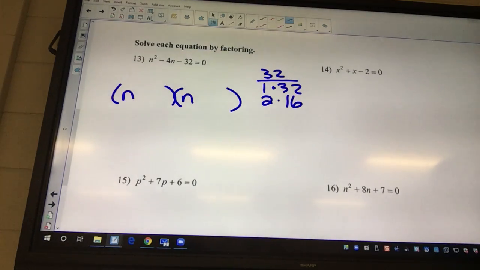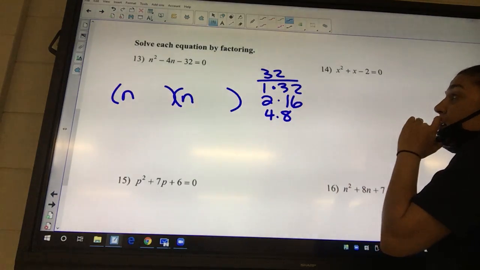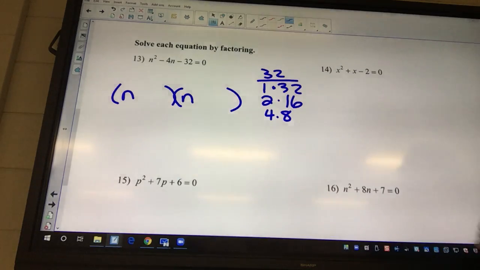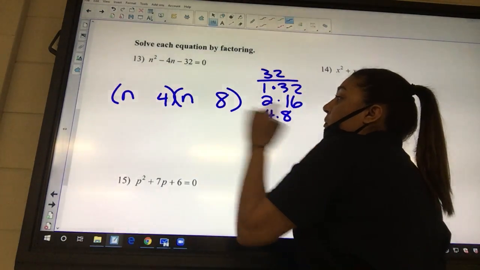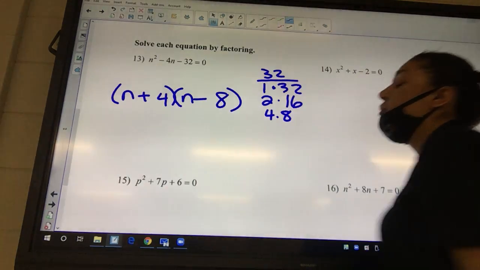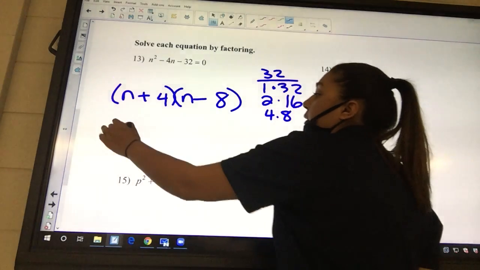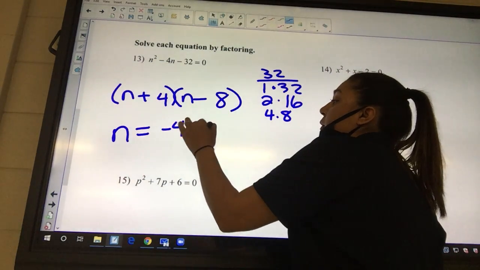No. 4 and 8. 5? No. 6? No. 7? No. 8 is already up. Okay, we need something to add or subtract to give me a -4. 4 and 8, and I need a -4. So how can I make that happen? Plus 4 minus 8. Do we stop or keep going? Keep going. And so what is my answer going to be? -4 plus 8.